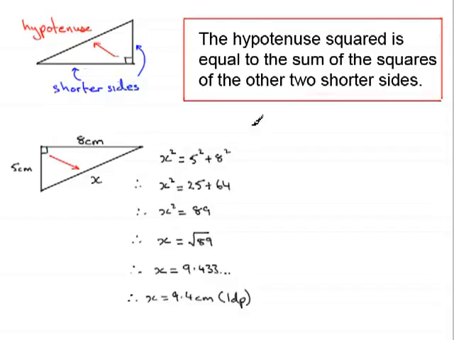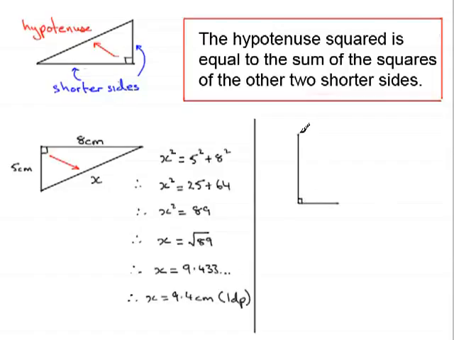Right, let's just try another example. So we'll just do another one here. Let's suppose we have, say, a triangle like this. Remember, it must be a right angle triangle. So we've got a right angle in here.